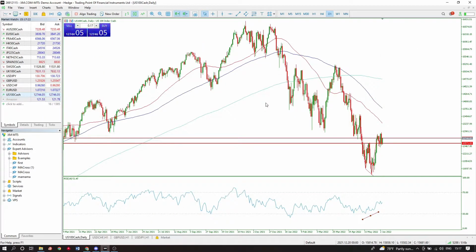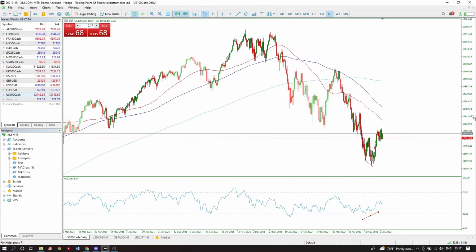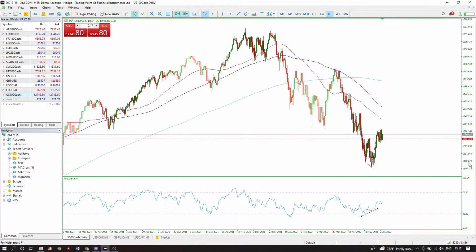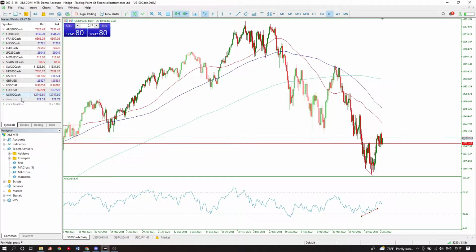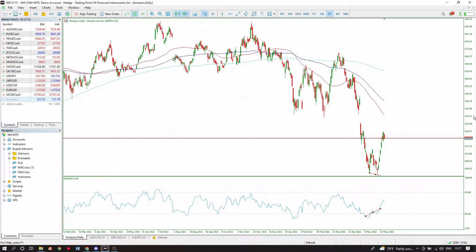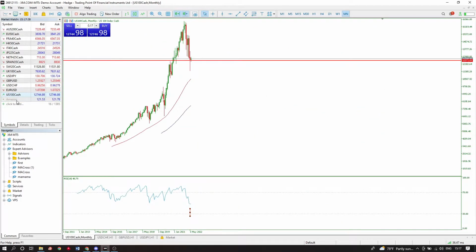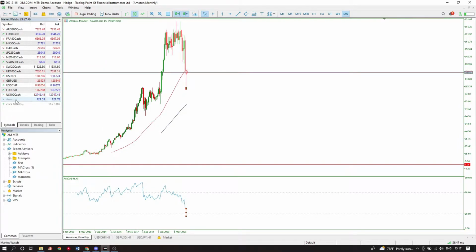As you can see, I gave you the signal yesterday for the NASDAQ index, and when you open Amazon, you can see that they are positively correlated.